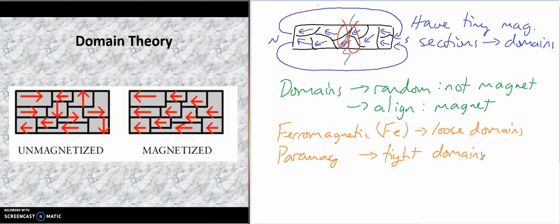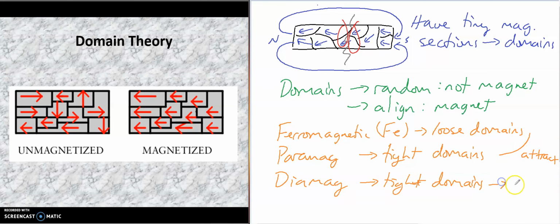Now there's also something called diamagnetic, and diamagnetic also has really, really tight domains. The difference is both of these guys will attract, while this one over here will repel.